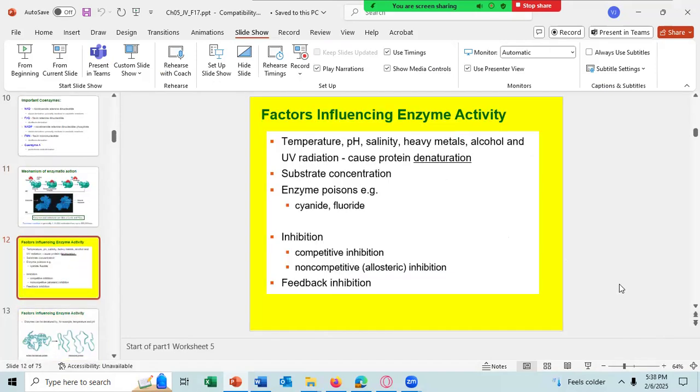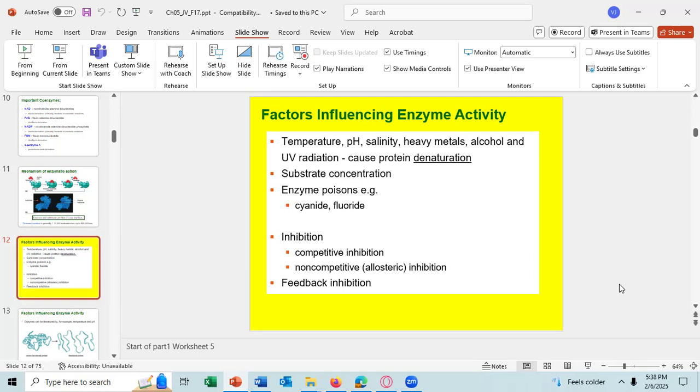There are different factors which can influence enzyme activity. Enzymes have to work at a specific temperature, a specific pH, different specific salinity level. Generally, they have to work when heavy metals are not present, because heavy metals and alcohol and UV radiation can all damage the enzyme, causing the protein to denature.